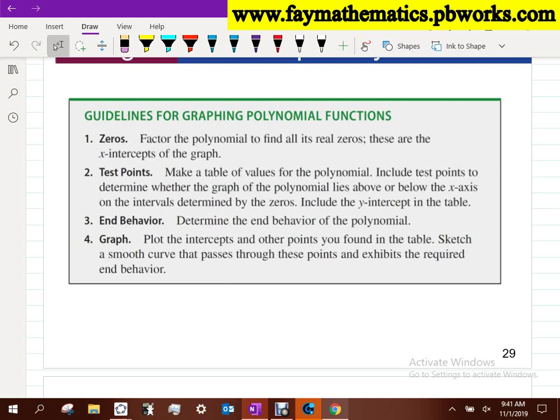Okay, so here are some procedural steps. These are guidelines, okay, so they're not set in stone. Guidelines are just suggestions to graph every polynomial function we talk about.